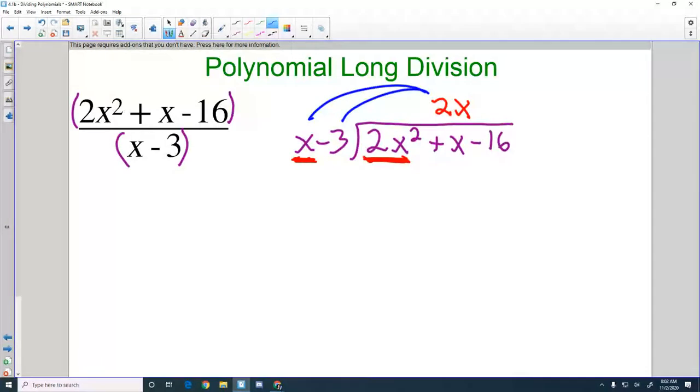2x times x is 2x squared. And if you pick the right term up top, those should be the same: 2x squared underneath another 2x squared.